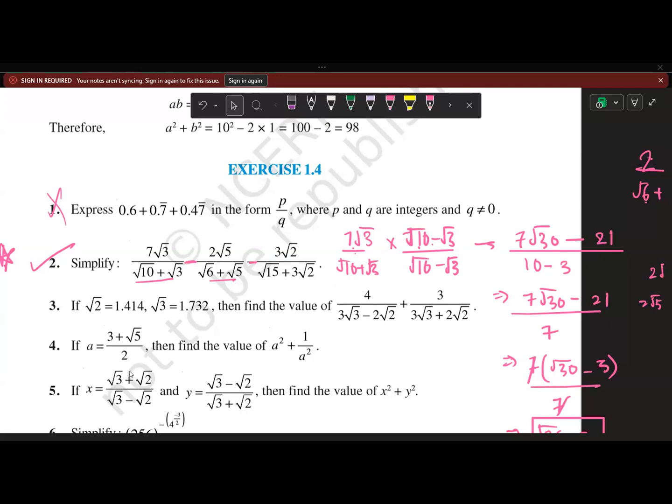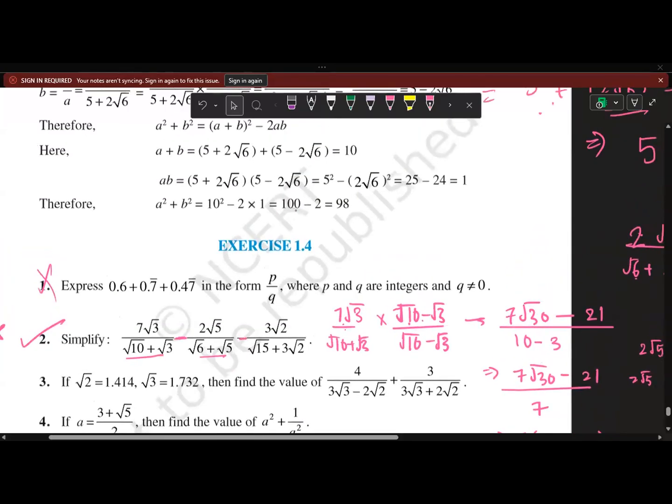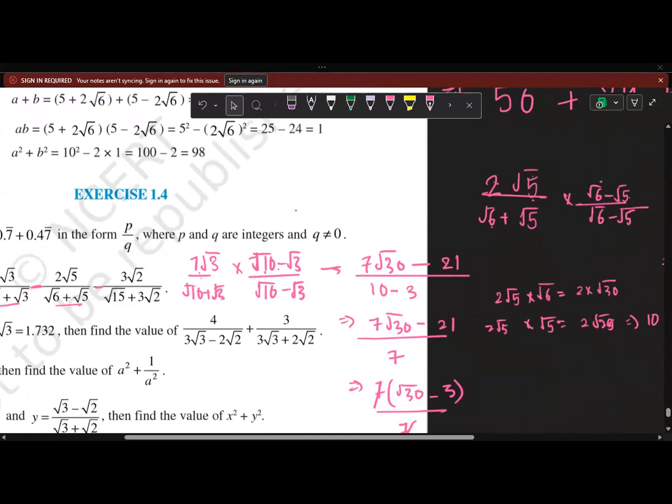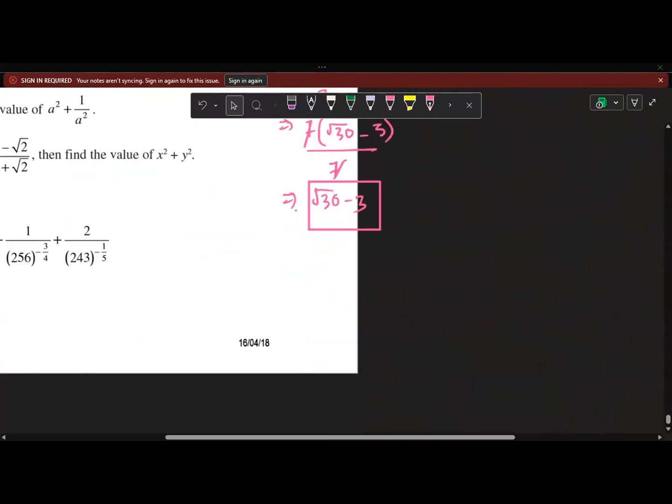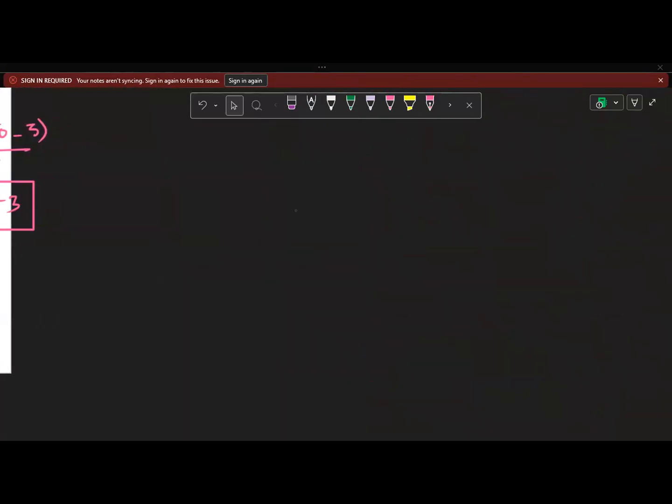Ma'am, I got the answer. Okay. Explain me the third one: 3 root 2 divided by root 15 plus 3 root 2. Speak a little loudly.